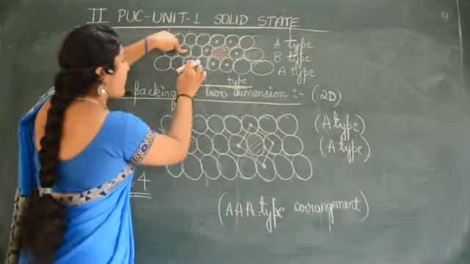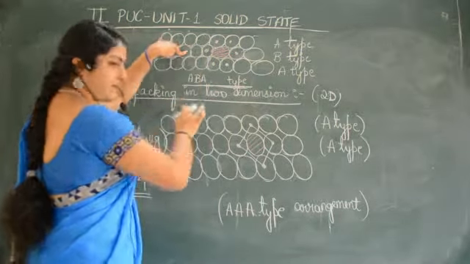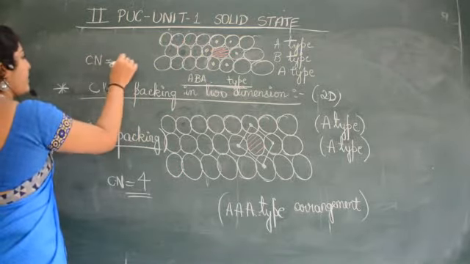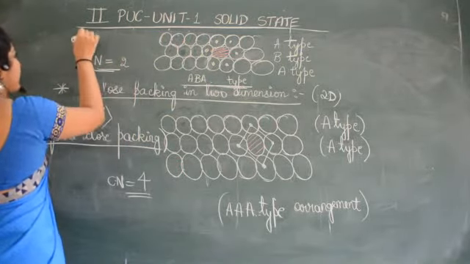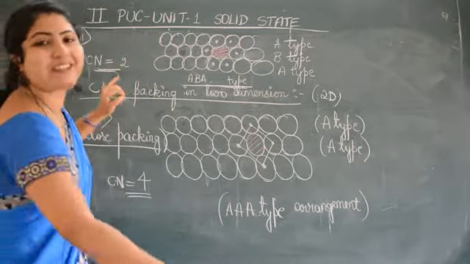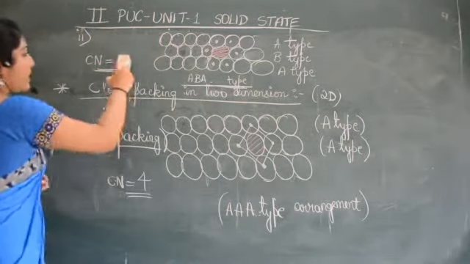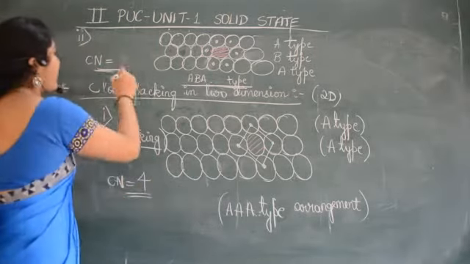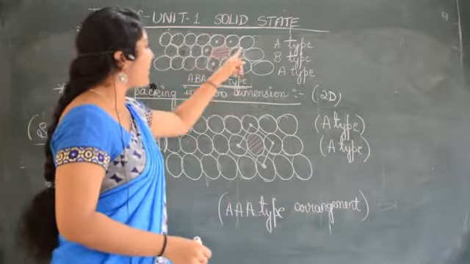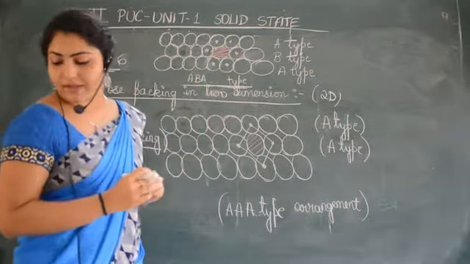This one, 1, 2, 3, 4, 5, 6. So what is the coordination number? Coordination number is 6. This is the second way of close packing. Remember, the coordination number is 6 here, whereas in the previous one, the coordination number was 4. Why 6? Because 1, 2, 3, 4, 5, 6 are the immediate neighbors there.